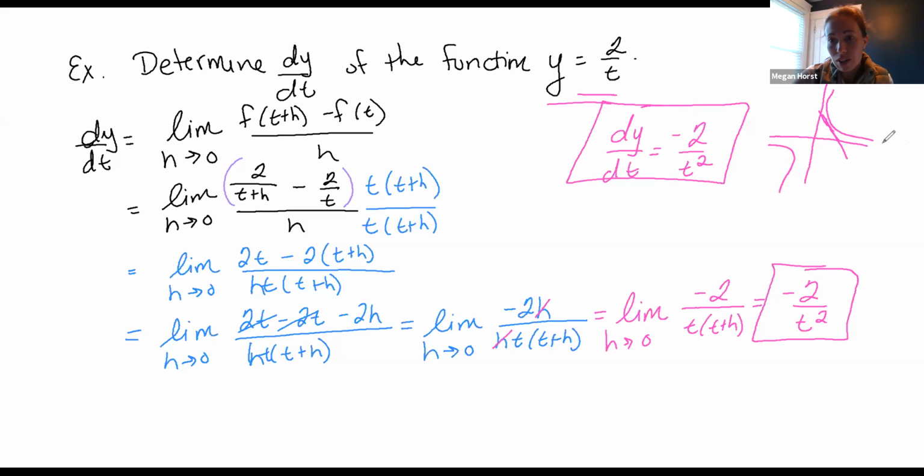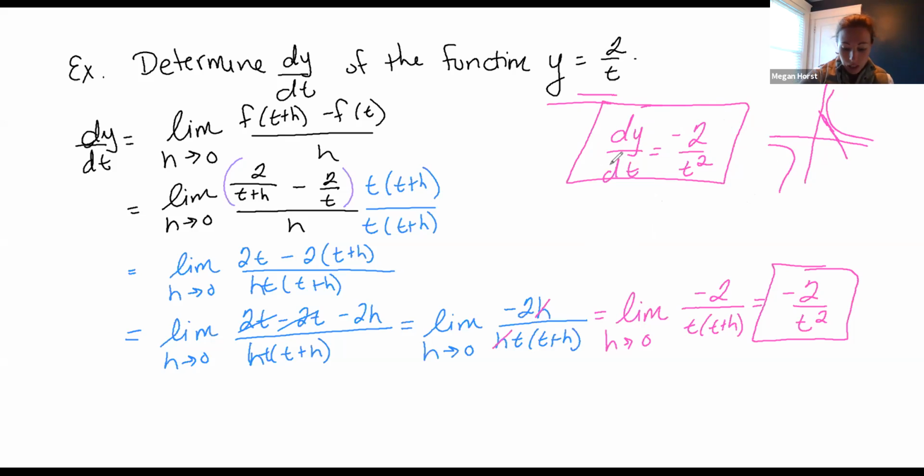And as we know with rational functions, this is asymptotic with my x-axis, and that's getting to a slope pretty close to a flat horizontal line, which would be 0. So this slope is approaching 0 as t gets larger and larger, or more and more negative. But as it gets closer to 0, I'm getting numbers like 1/2 squared, 1/8 squared, 1/100th squared, which make this number very large, which is why the slope of my tangent lines becomes almost vertical.